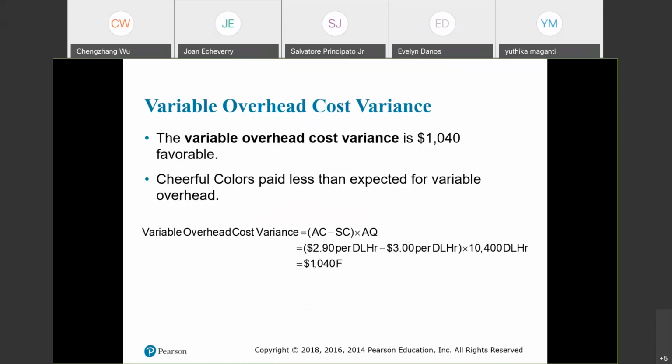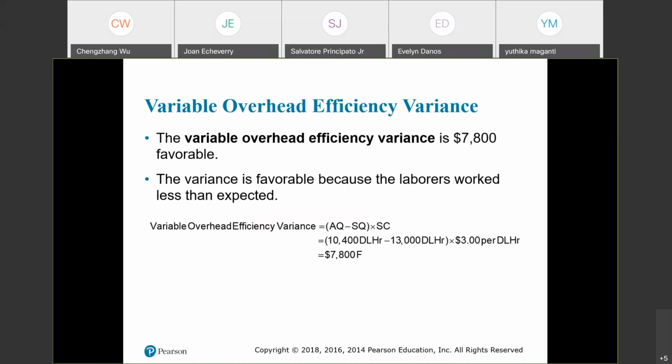So this is the variable overhead cost variance, and we also need to look at the efficiency variance.